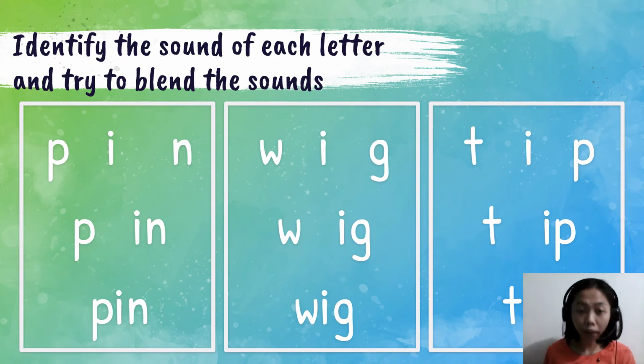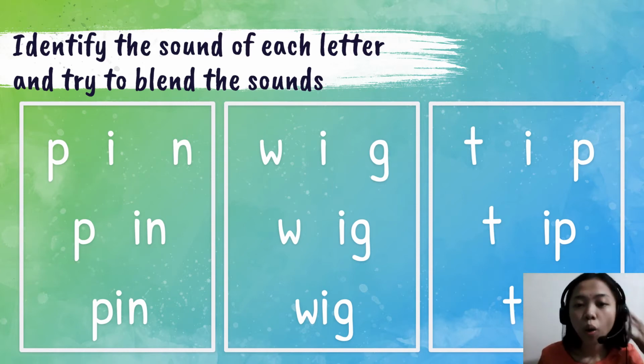P sounds P, I sounds ih, and N sounds N. I and N, if you put together the sound, it will become in. How about if you put the first sound of P at the very beginning, it will become P, in. Put together, pin. Okay, that's great.